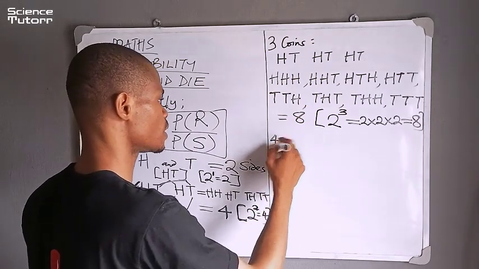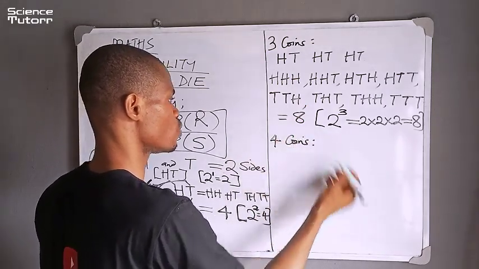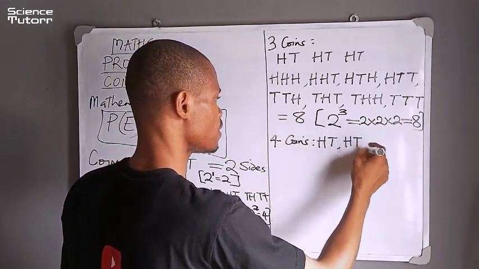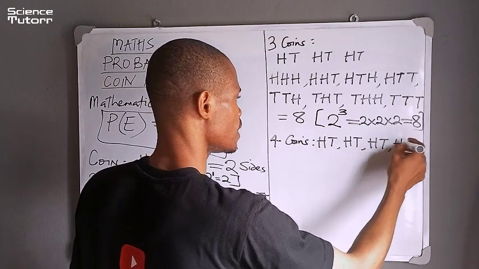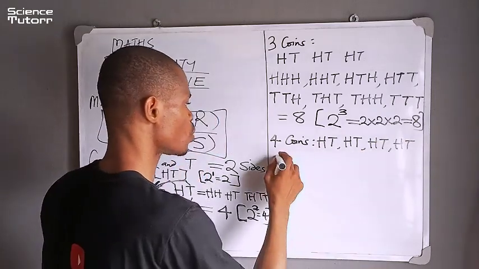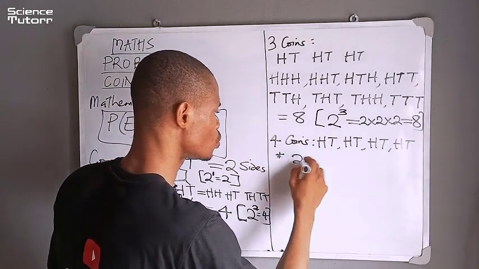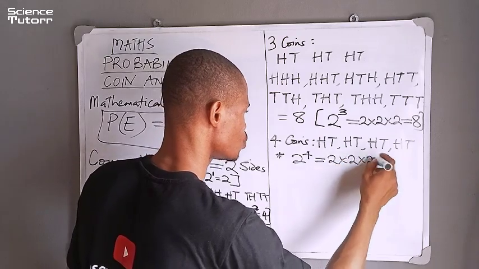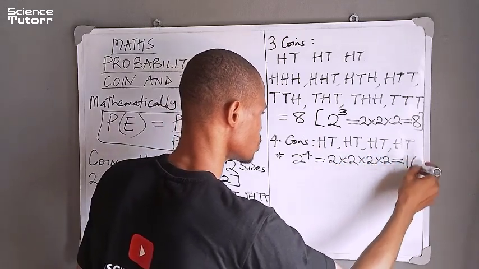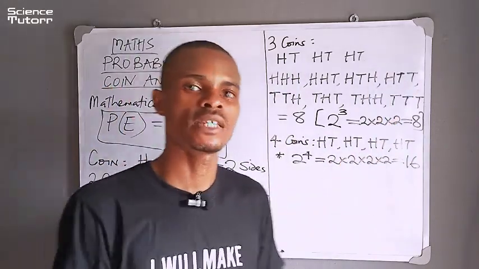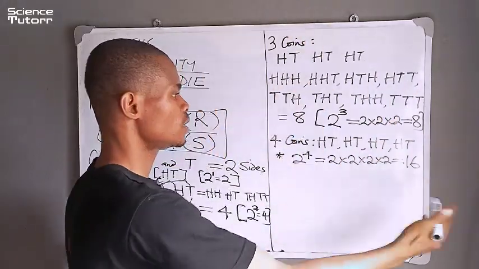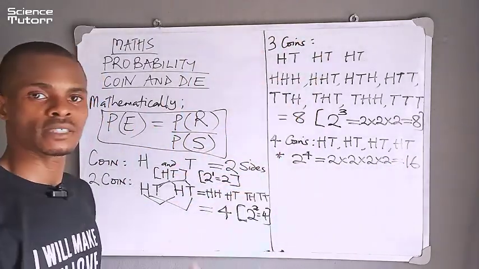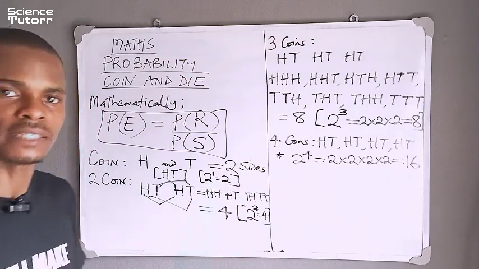For 4 coins, we are going to get head or tail in 4 places, which means 2 raised to power 4, which is 2 times 2 times 2 times 2 equals 16. So it's going to give us 16 outcomes. The number of coins increases the number of outcomes as well. So this is how coins are analyzed.